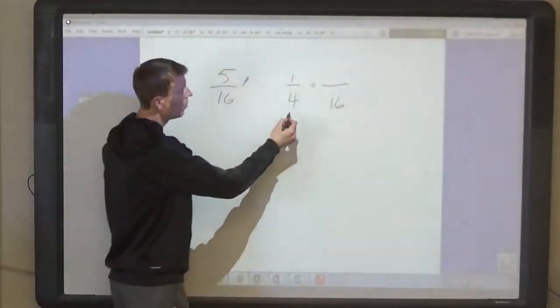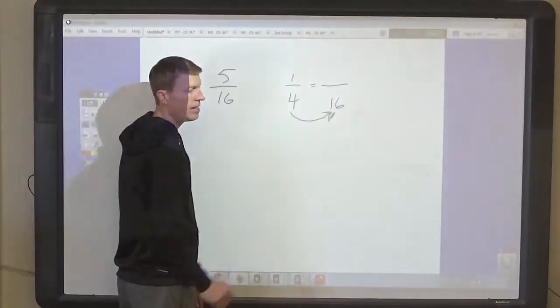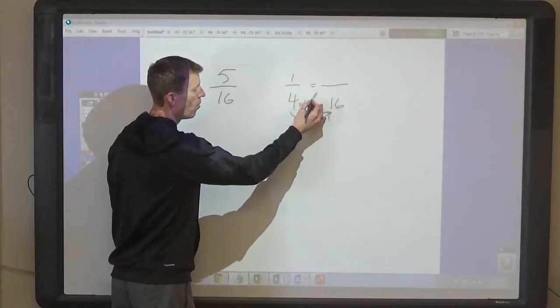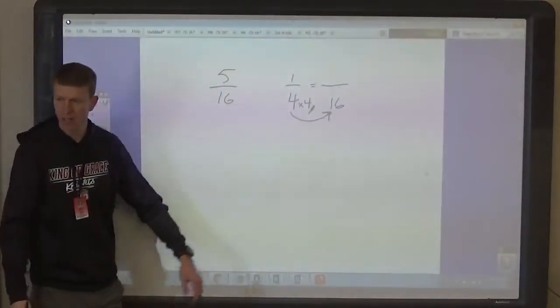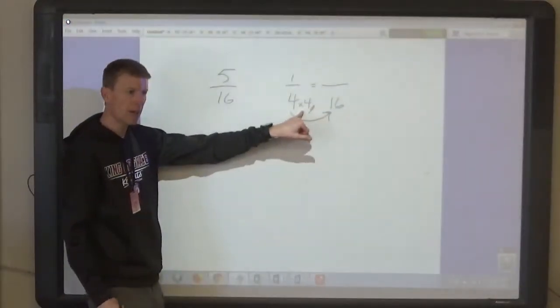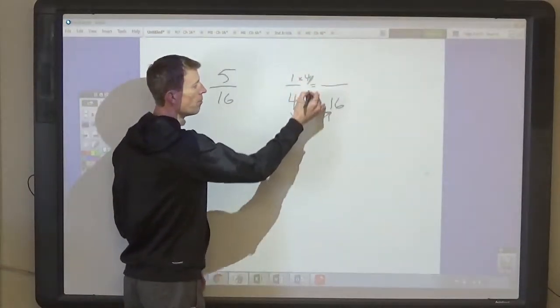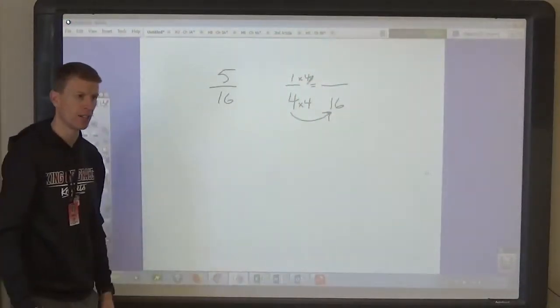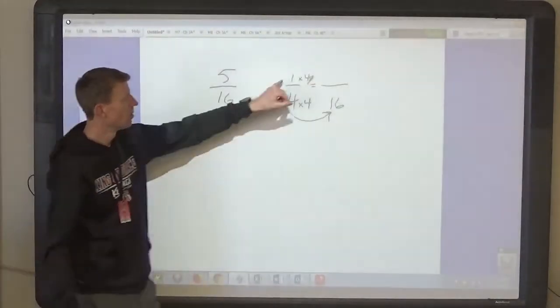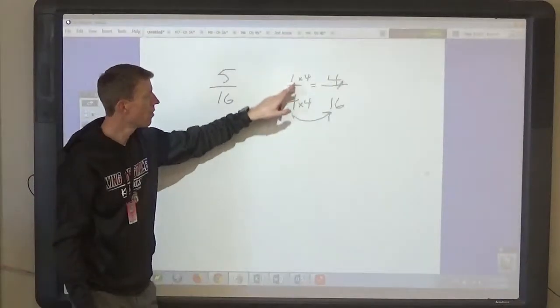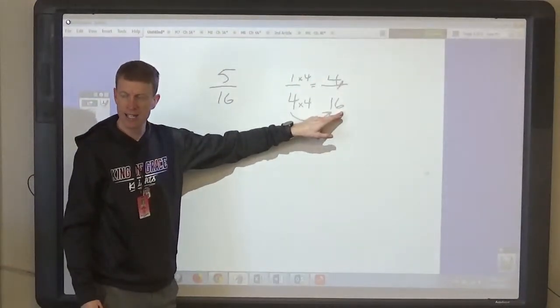So, how could we change 4 to 16? Times it by 4. Right, everybody? And if you multiply the bottom number times 4, then you can multiply the top number times 4 to make an equal fraction. So, 1 times 4 is 4, and that means 1/4 is the same as 4/16.